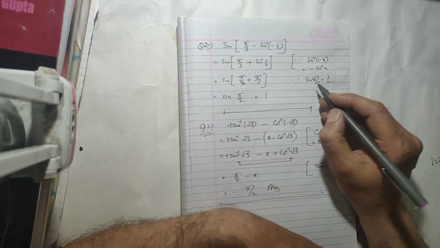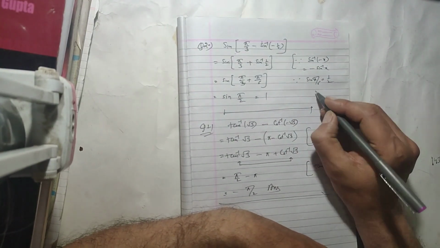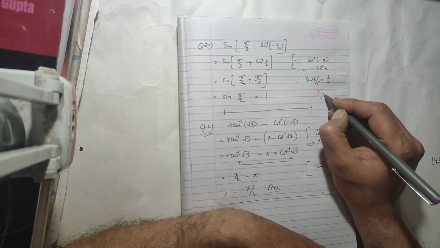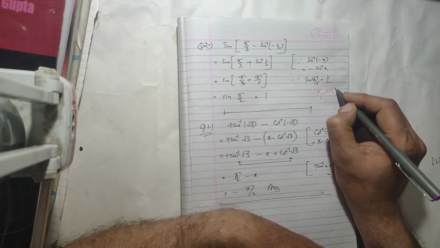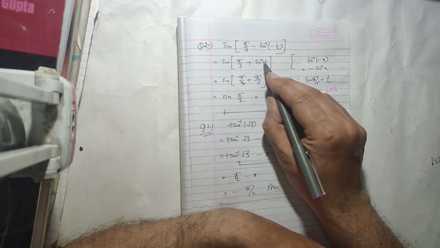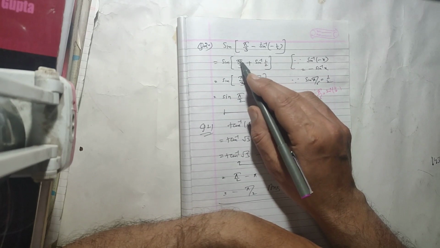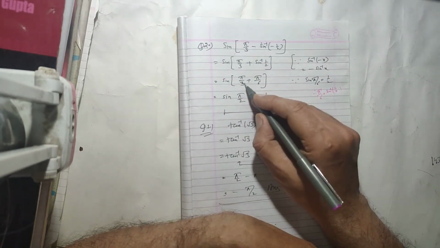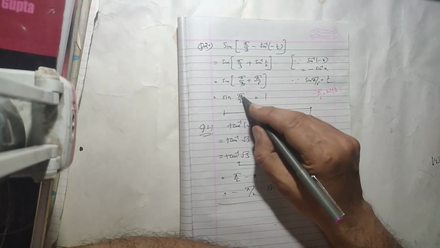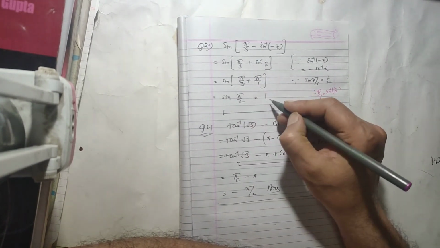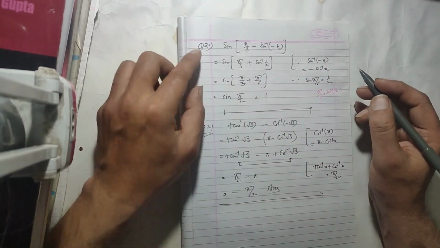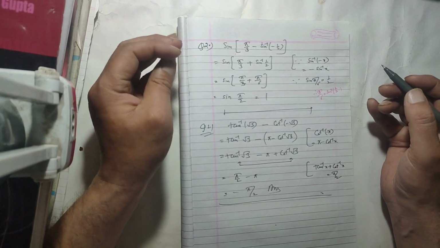Now further, sine pi by 6 is equal to half, so pi by 6 is equal to sine inverse of half. So instead of sine inverse half we can write pi by 6. The first term pi by 3 as it is, pi by 3 plus pi by 6, you know it is pi by 2. So sine of pi by 2 is 1. So the 20th question has the answer 1.